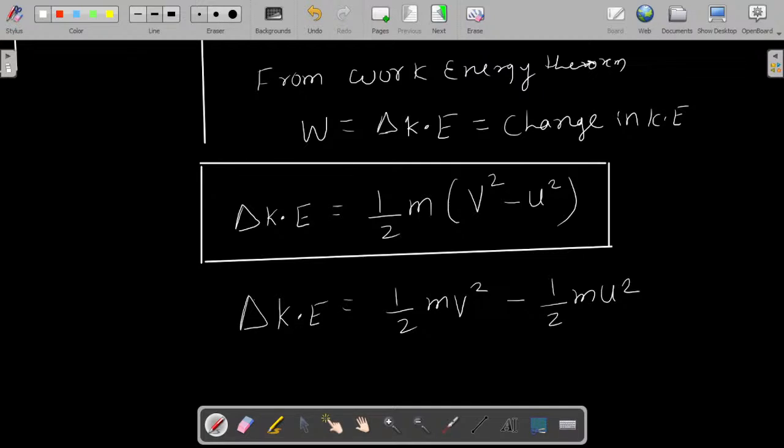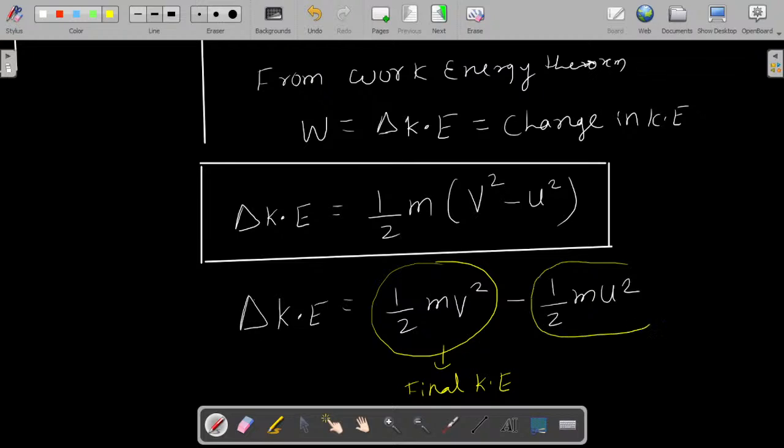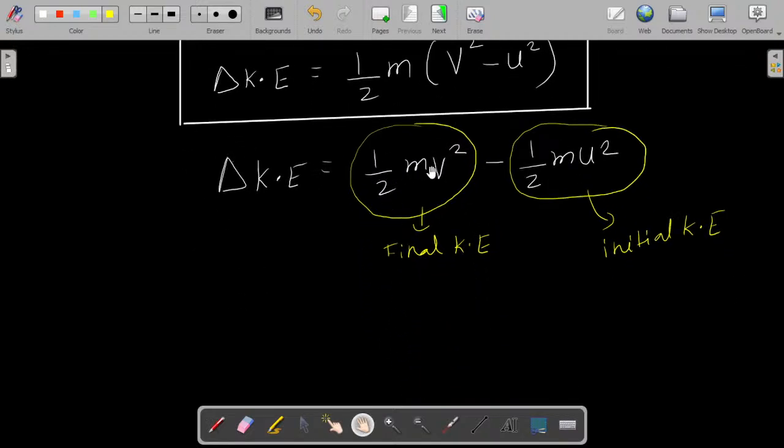This is the final kinetic energy, and this is the initial kinetic energy, because there is initial velocity. So we get the kinetic energy formula as half m v square minus half m u square. You write the important condition.